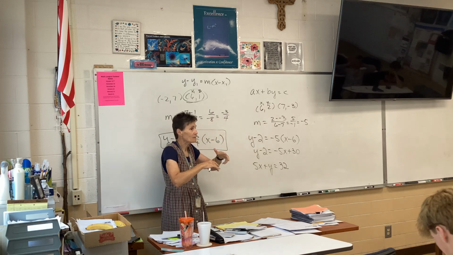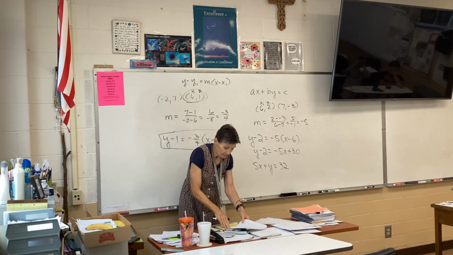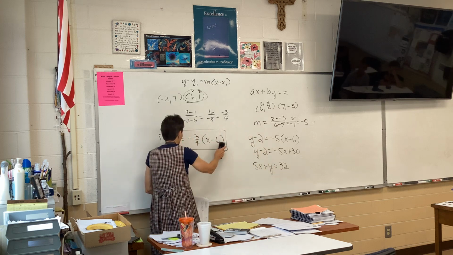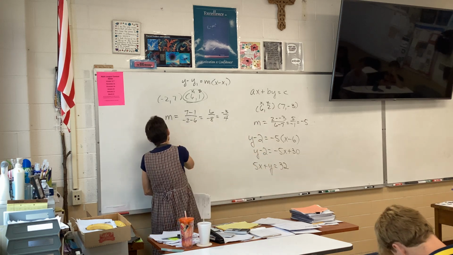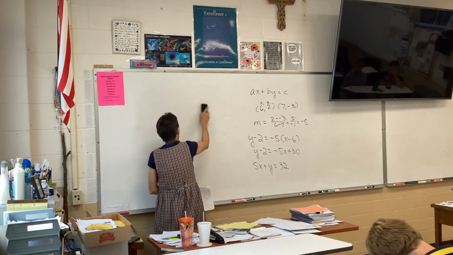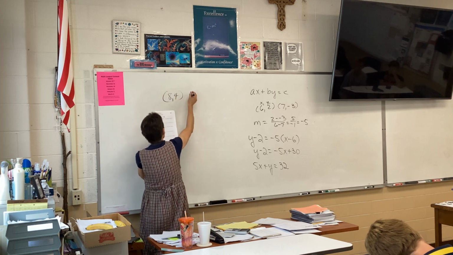I point sloped it and then rearranged things to get what I wanted. Can we do the same thing for slope intercept? Yes, you do whatever you want, but you don't need a new strategy. Find the slope.